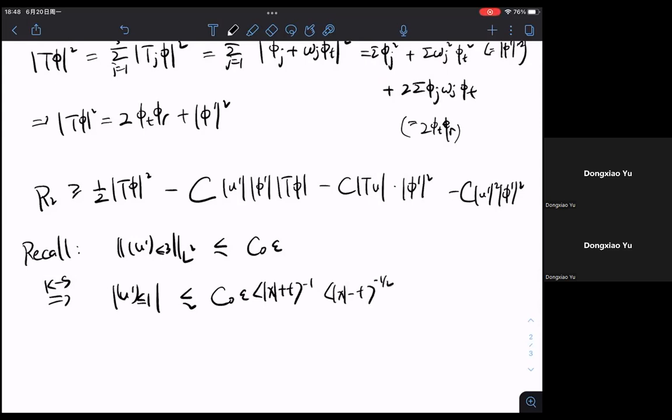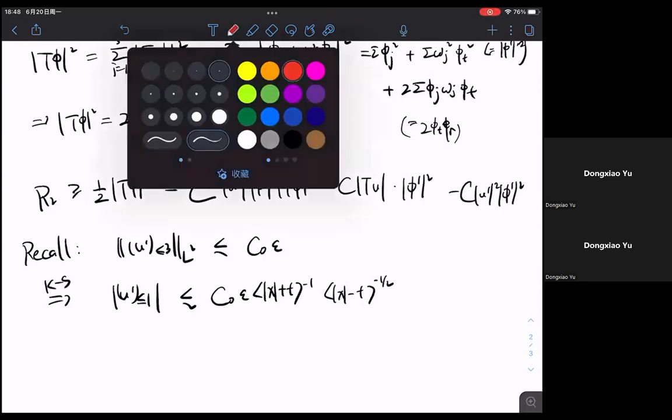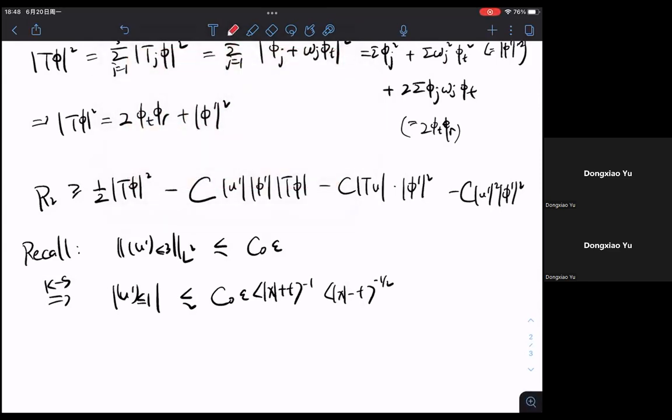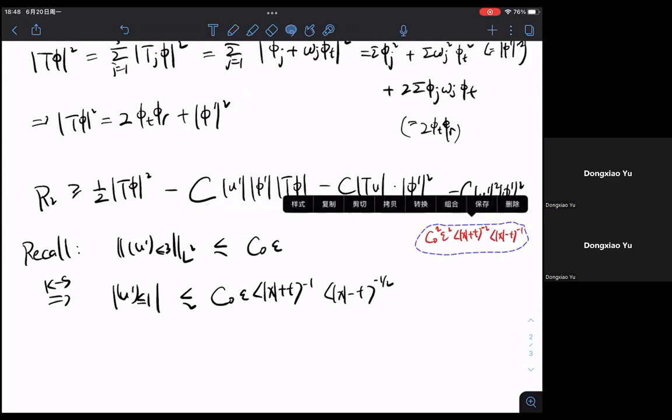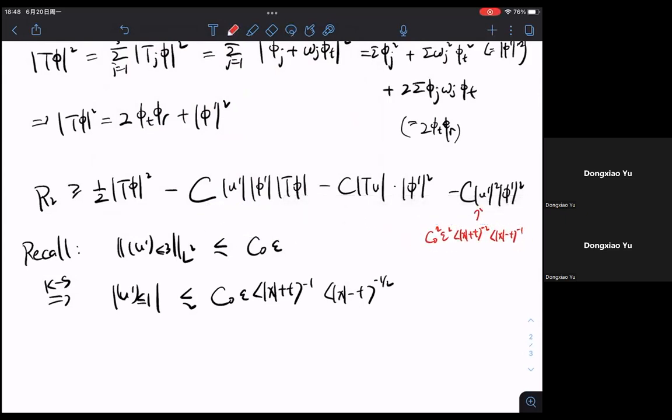So this is what we get if we apply the Klainerman-Sobolev inequality. This also gives us the bounds for U prime, so the bounds for U prime are good. So we now have something like epsilon square, C0 square, X plus T to the -2, X minus T to the -1. Sorry, this is the square. So this is the bound, and here we just copy down the Klainerman-Sobolev inequality to the right-hand side.